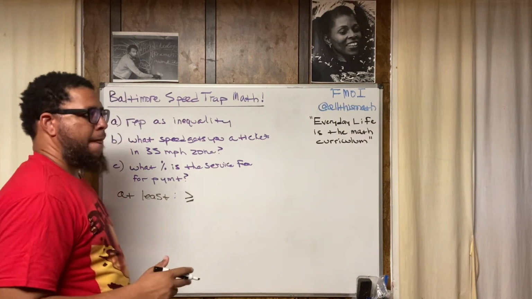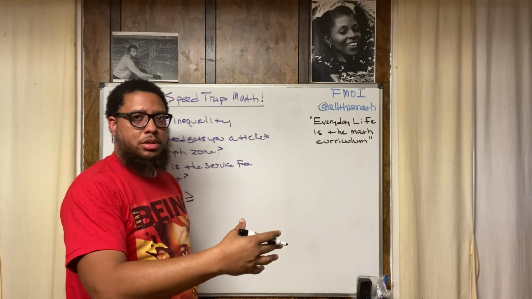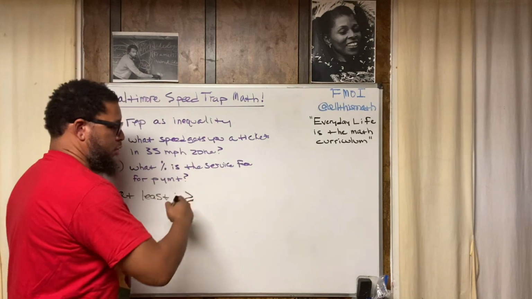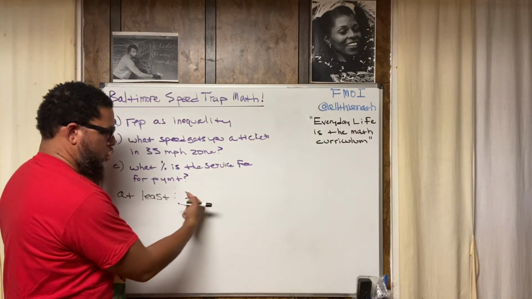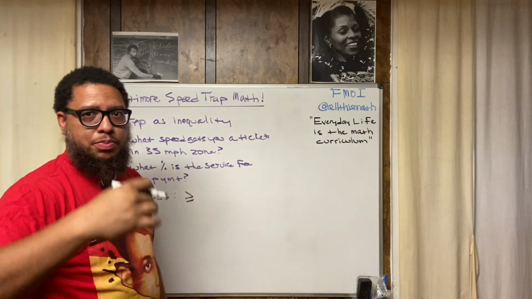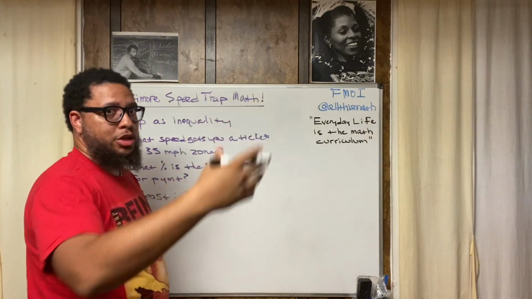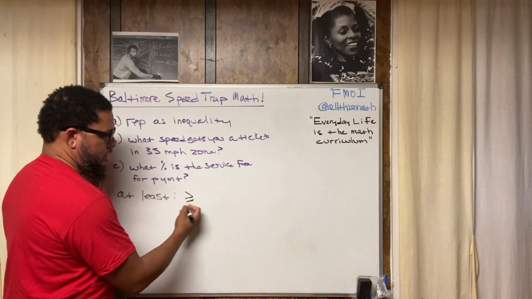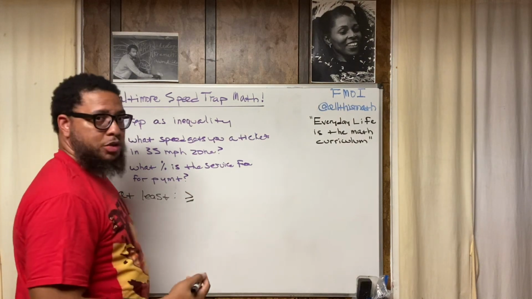Because you could be 12 miles per hour over the limit, or you could be more than 12. This means greater than. When the open part faces to the left, that means greater than, right? It could be 13 miles per hour, 14, 15, 20 miles per hour. The line means also, or it could be equal to 12 miles per hour.